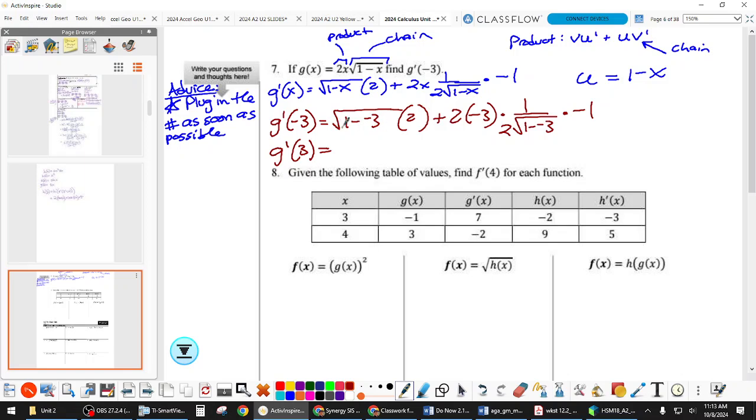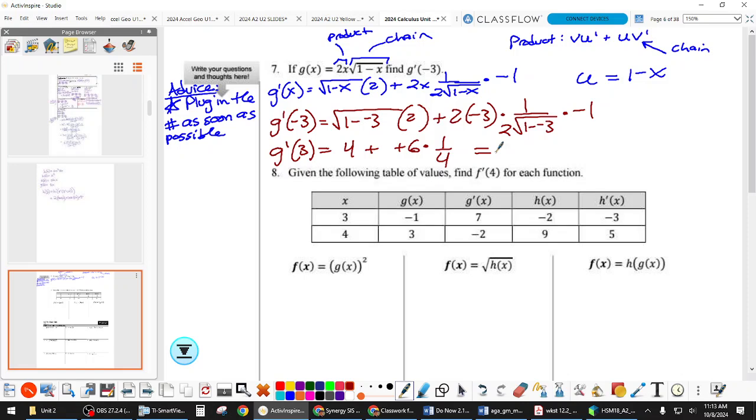Alright, this becomes square root of 4 times 2, which is 4, plus negative 6 times 1 over 2 root 4, so times 1/4, times negative 1 makes that plus. So 4 plus 6/4, what is that?